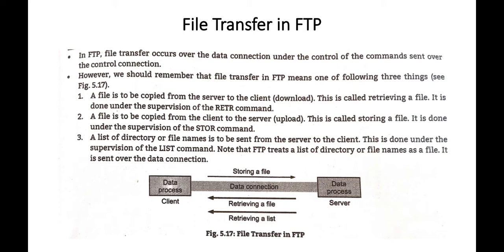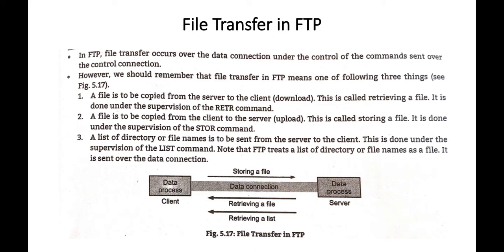When the client sends a request to the server for particular data, first of all it sends a request for establishing the connection. The first request is to establish a connection with me, and for that it sends commands. In general, to establish the control connection, we use some commands. For downloading the file, we use the retr command.